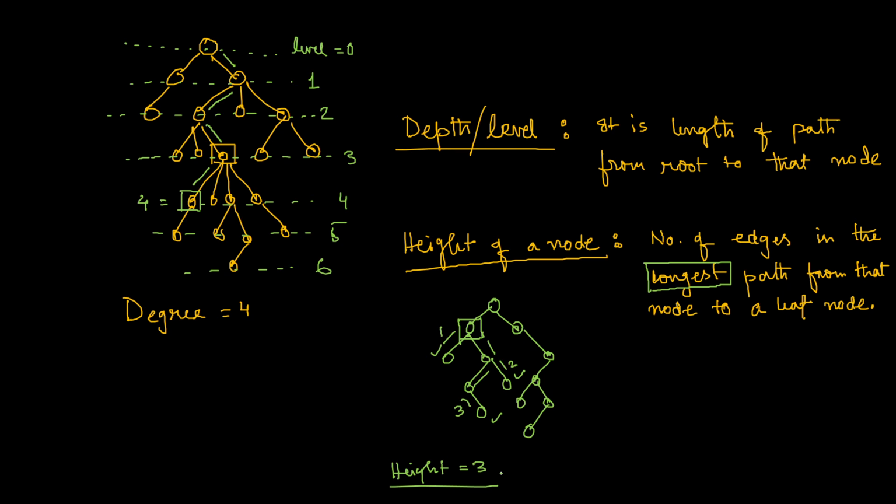Now, as I have told you, the number of children can be anything in a tree. So depending on that, you can define trees in different ways. We can have different types of trees.